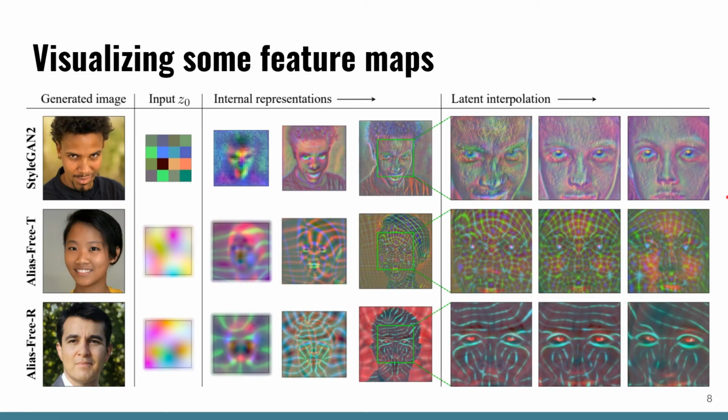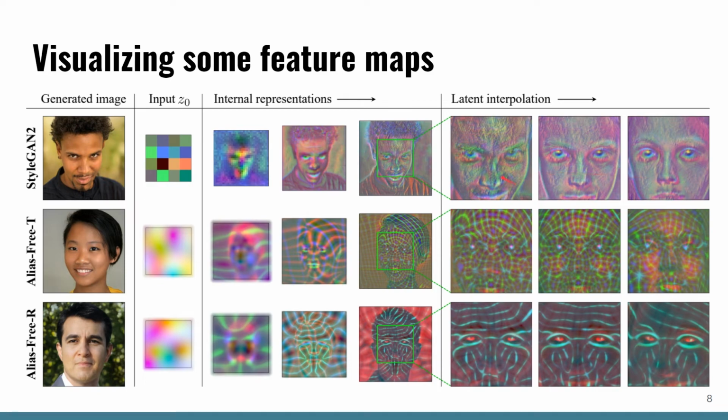Let's have a look at some visualizations. These here are some feature maps that they visualize from different parts of the network. So basically what they do is they choose a layer somewhere, they choose 3 feature maps, and they just plot that as RGB channels of an image.